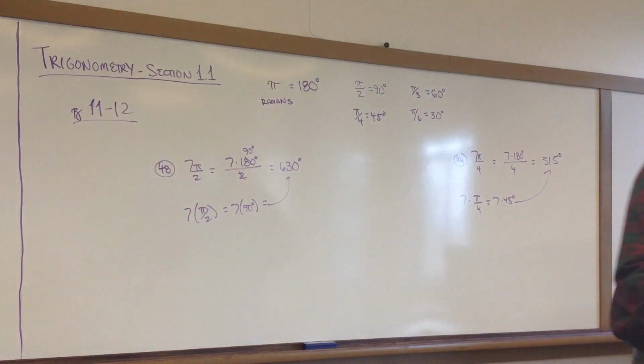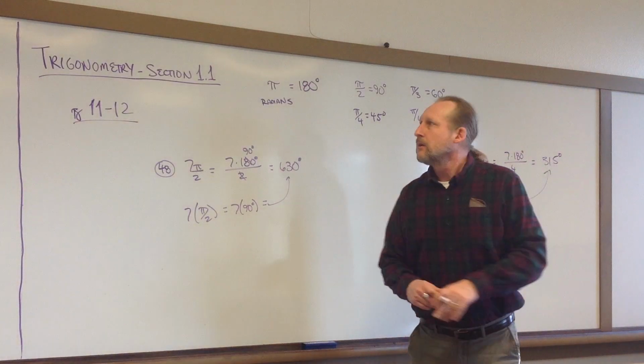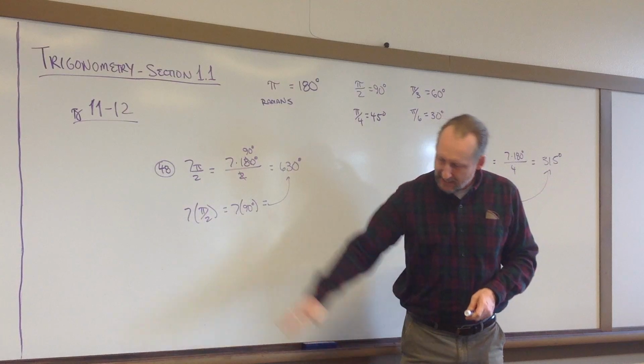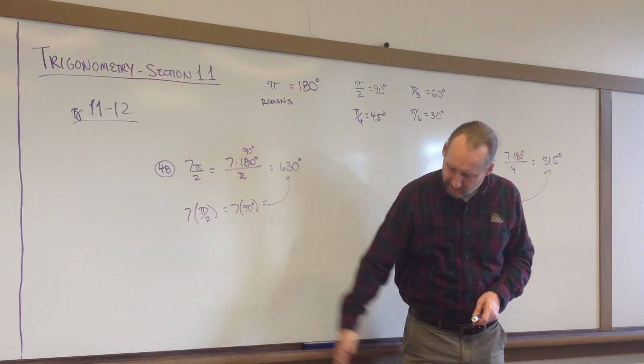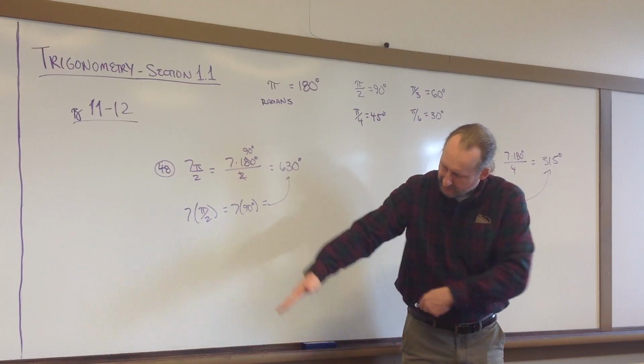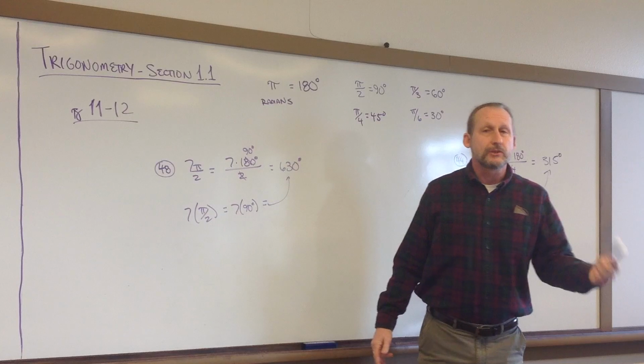Okay, so that is the first assignment. That gets us started, at least trying to represent this idea of an angle. What is this distance in here? That's what an angle is all about.